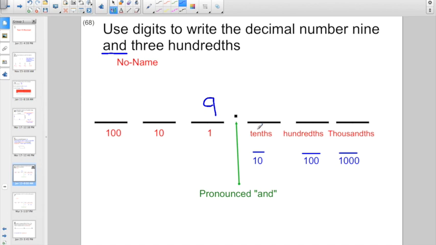Remember, your decimals go tenths, hundredths, thousandths. So I better put 3 in the hundredth spot, but I also need to have a digit here in the tenth spot. I can't just leave one blank. So I better put in a 0 because 0 is the same as nothing. 9 and 3/100.